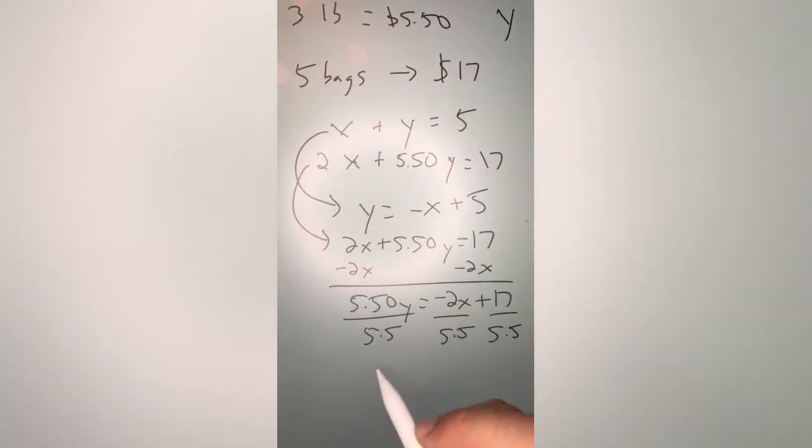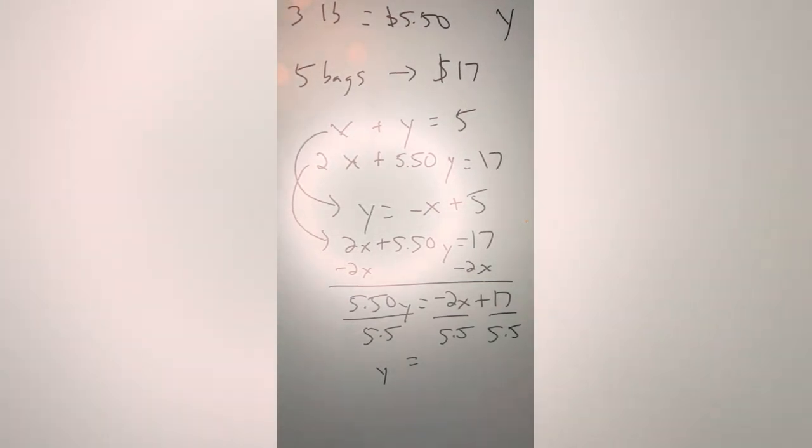And that would give me Y is equal to, I'm going to put my calculator here. What is negative 2 divided by 5.5? If I put it as a fraction, it looks like negative 4 over 11 x.